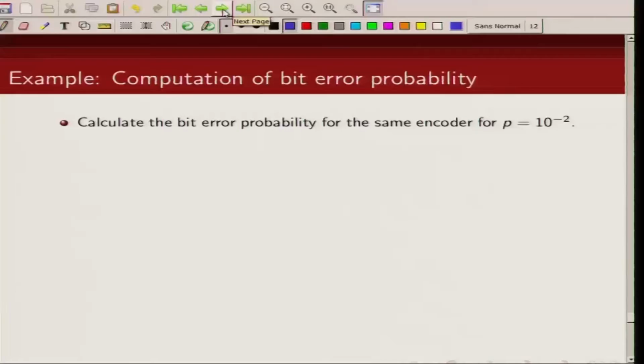Now, how do we compute the bit error probability? First, we have to generate the bit weight enumerating function. We know how to compute the weight enumerating function. It has been explained in lecture 2C.